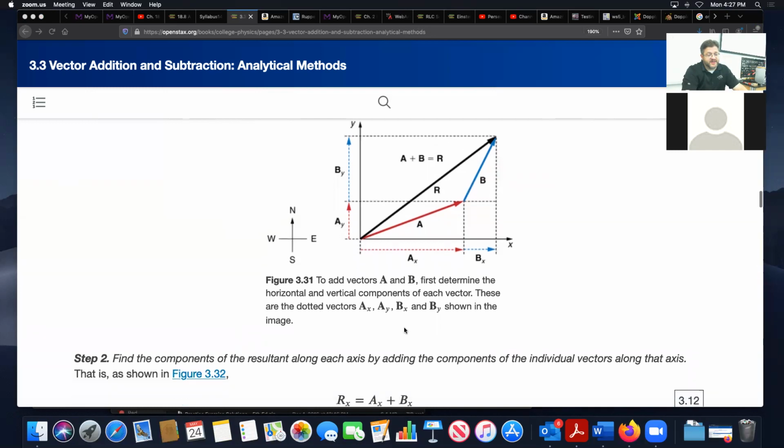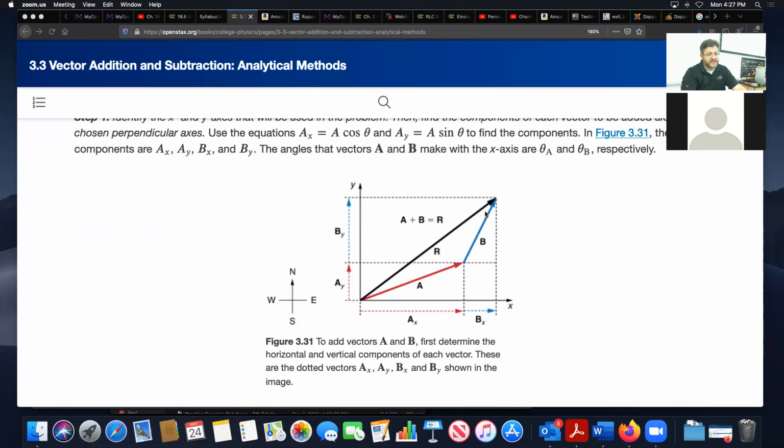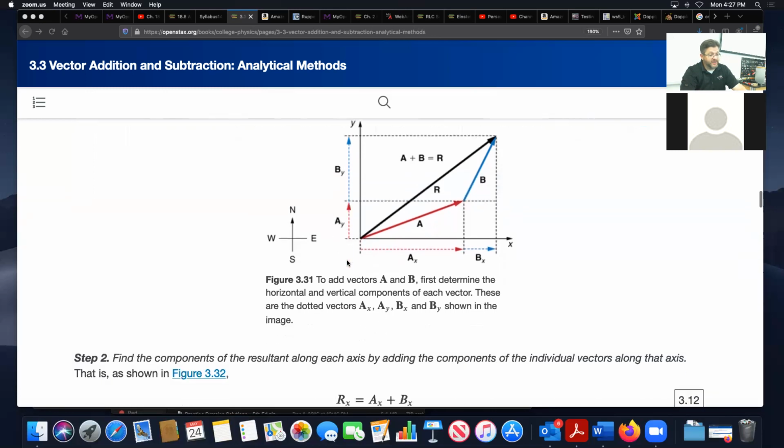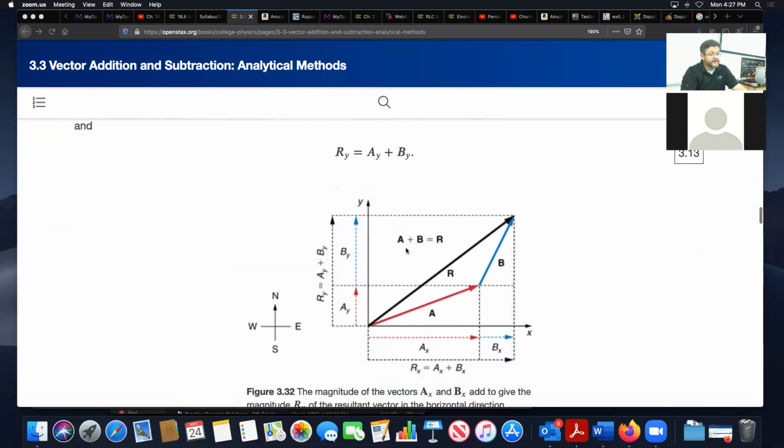And it's straightforward. So once you've broken down vectors into components, they just add together like numbers. You can get negatives. If this vector was pointing down this way, then this would be a negative vector. It would be pointing this way, in which case you would be A sub Y plus a negative number here. But if it's a negative, you can still just add them here and it'll still give you the right answer, right?